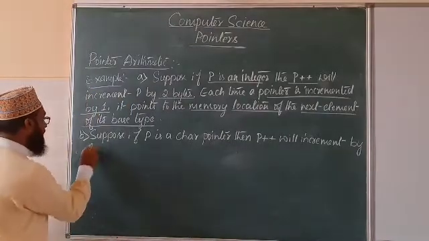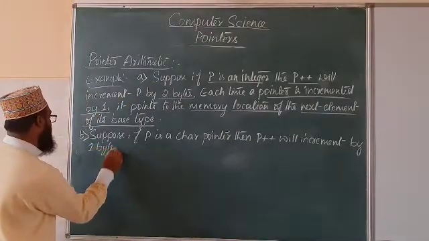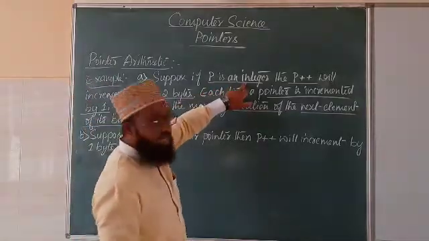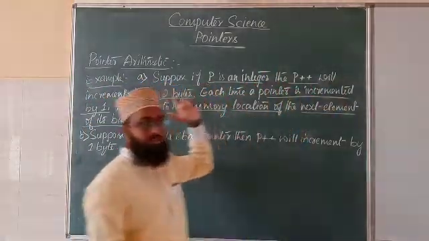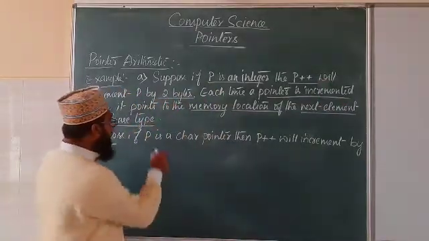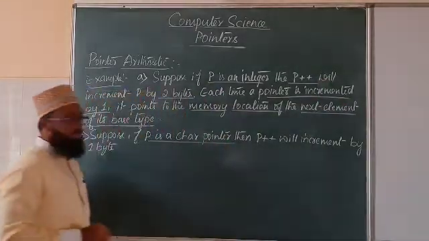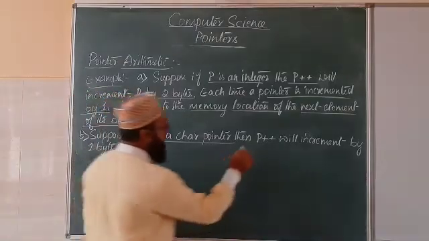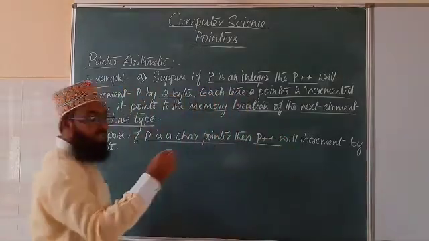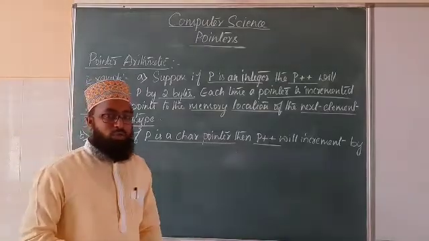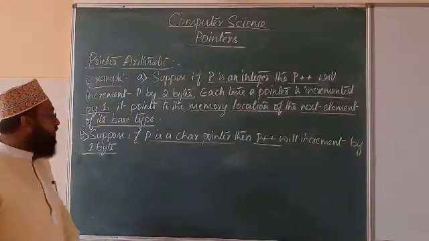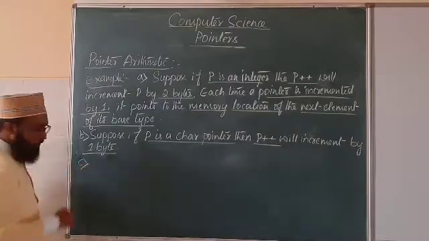If it is of integer type, it will be incremented by 2 bytes, or if the pointer is character type, the usage of plus with p will increment by just 1 byte. So these are some of the examples you need to know. Come to the next point.